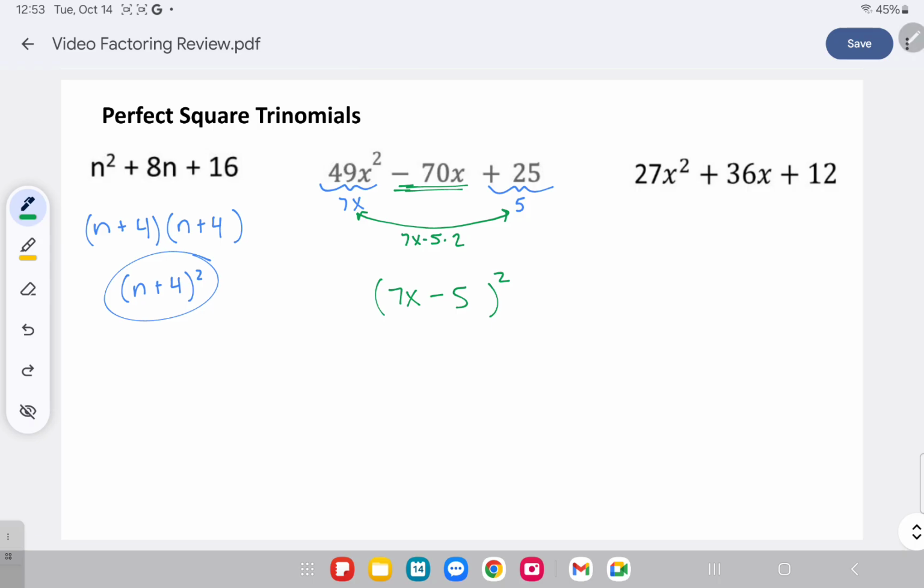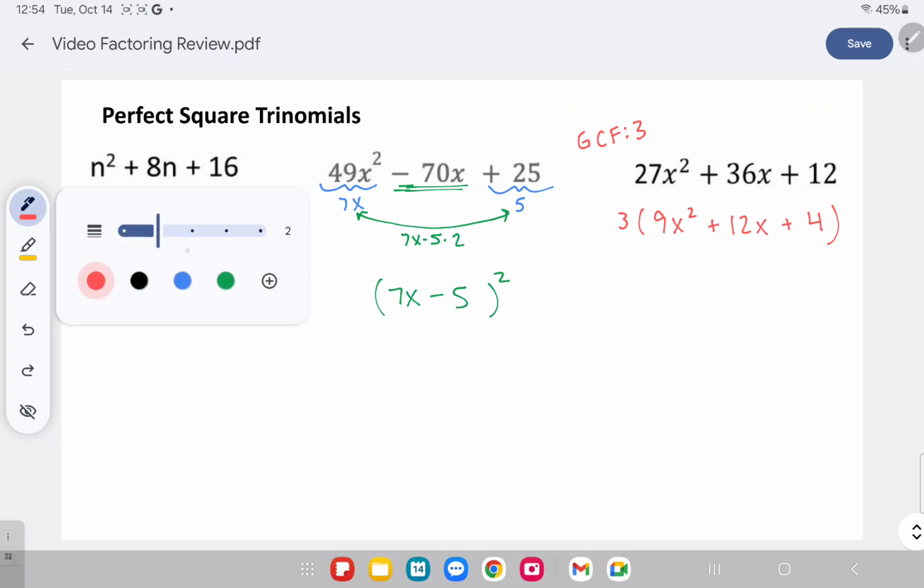On the next example, we don't have perfect squares here. However, there is a GCF. And whenever there's a GCF, it always gets taken out first. That's always, always, always the first step. Don't forget that step. Our GCF in this case is 3. So if I divide all those terms by 3, I get 9x squared, 12x, and 4.